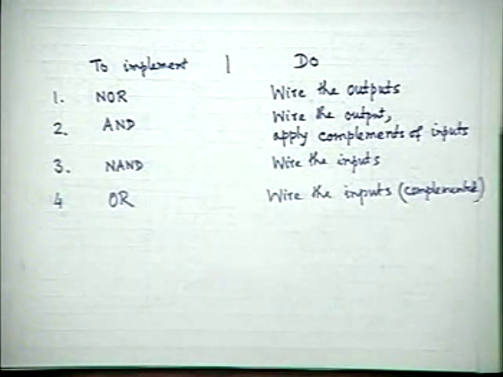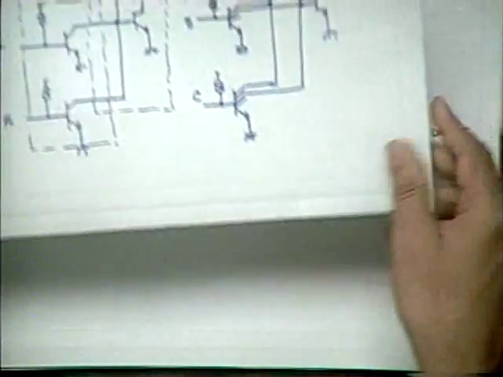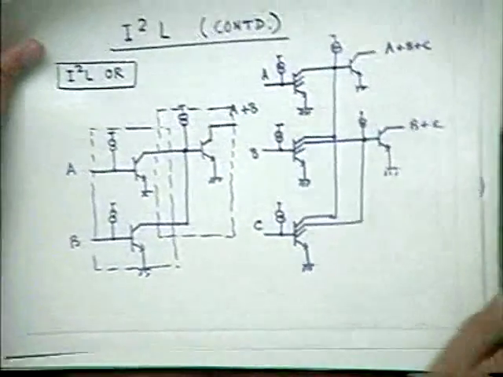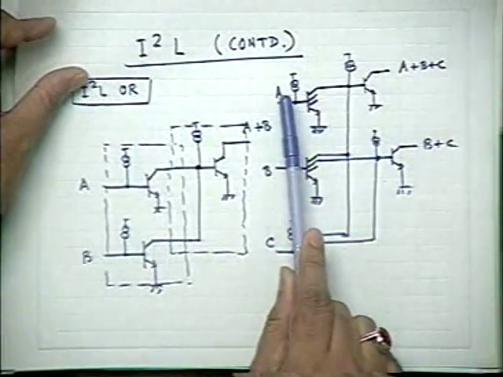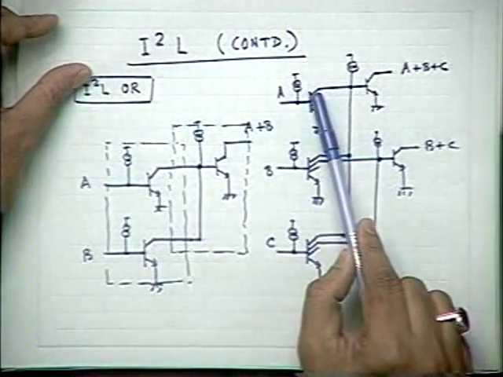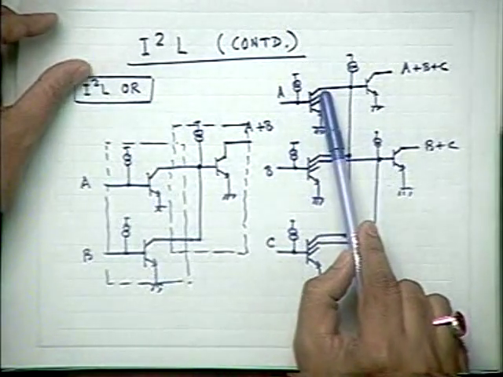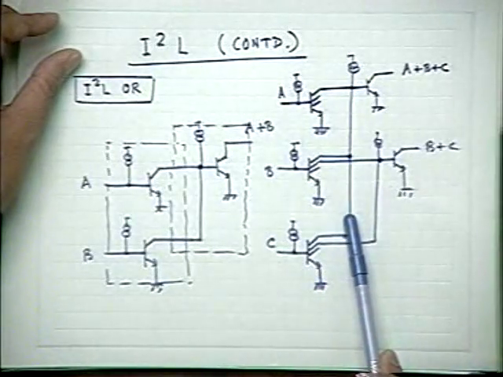Simply that means you just pass it through inverters. But here that's the advantage. Let me repeat once again. This is for the OR. It is not necessary to have complemented inputs, because naturally for isolation purposes you need multi-collector transistors. Therefore, automatic complementation is done here.